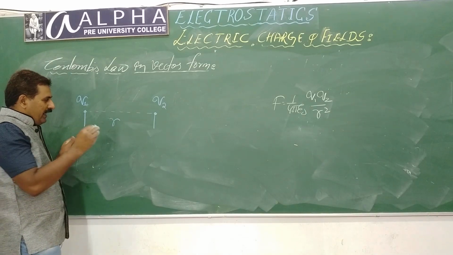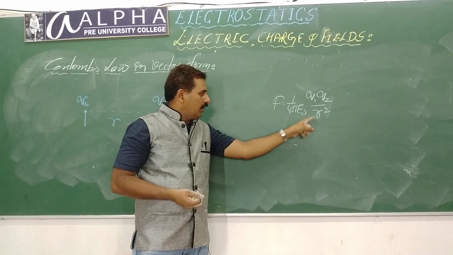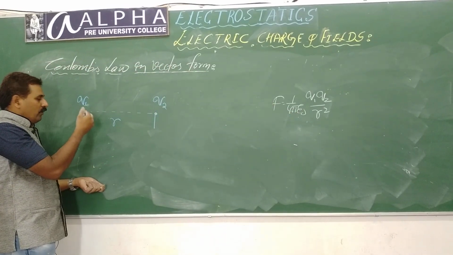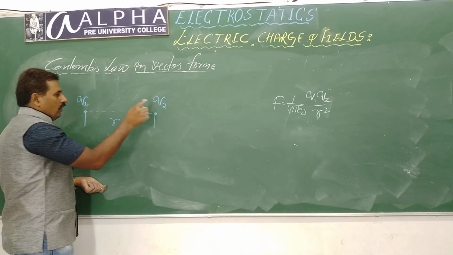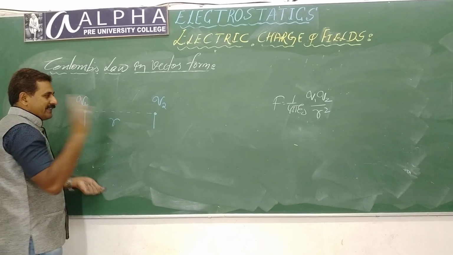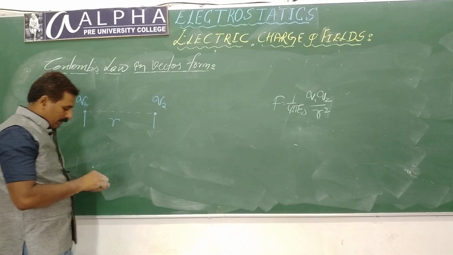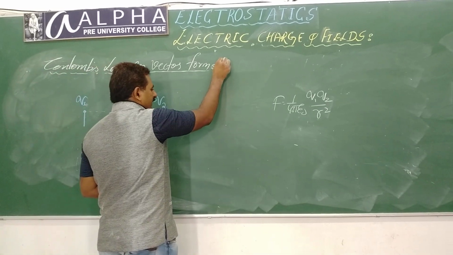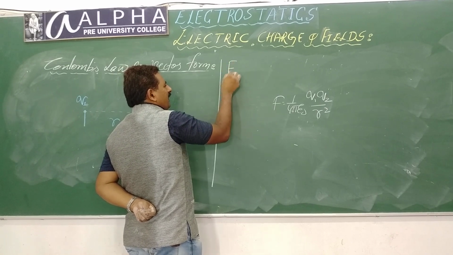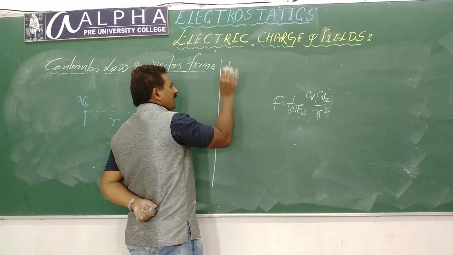Now we have to write some subscripts for the terms F, R, in order to specify direction. Force on which? By which? Q1 on Q2 or Q2 on Q1. Like that we have to specify. That's what I mean by Coulomb's law in vector form. Now let us suppose this way. In this explanation, whenever I write F, you think force. If I write F12, that's it, force only.